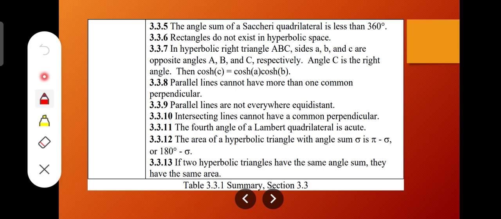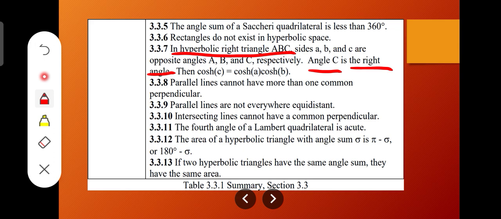Then 3.3.7, in hyperbolic right triangle ABC, sides a, b, and c are opposite angles A, B, and C respectively. Angle C is the right angle, then cos C is equal to cos A times cos B. So, in hyperbolic right triangle ABC, let us always remember that the right angle is angle C, and cos C is equivalent to cos A times cos B. Then 3.3.8, parallel lines cannot have more than one common perpendicular.